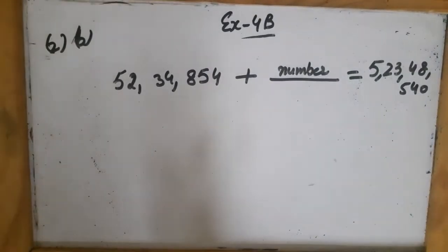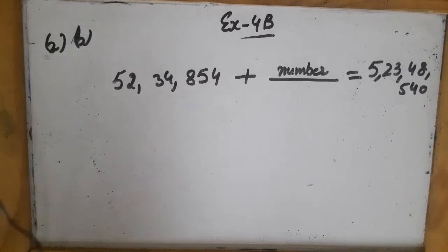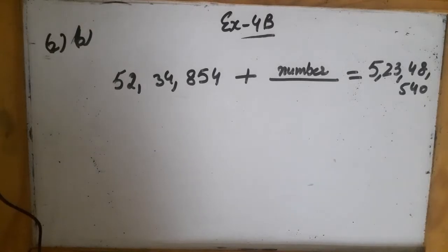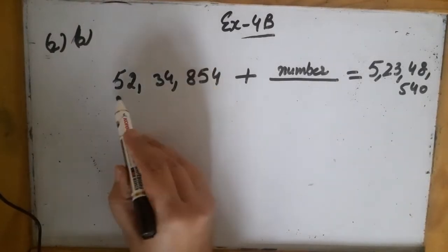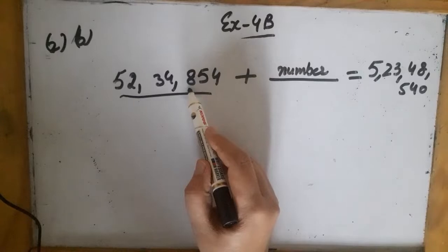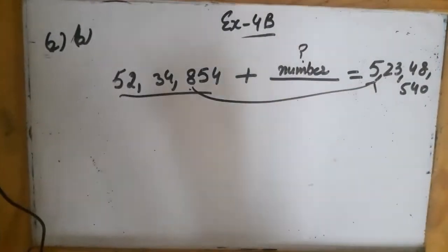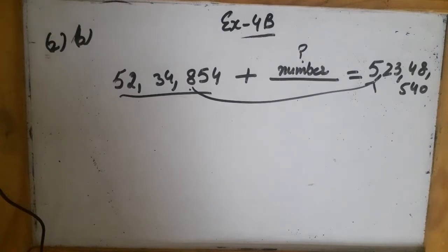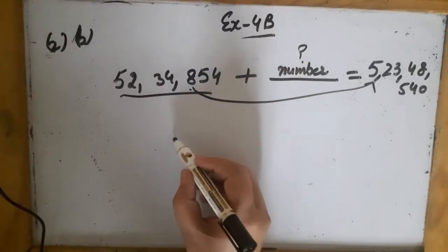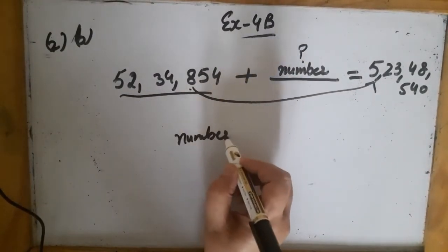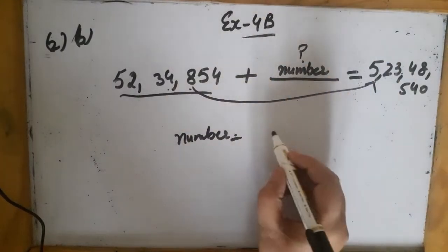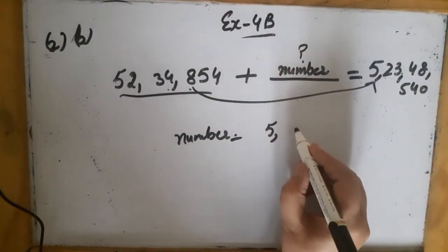So this becomes the same question like the first one, but here the statement was different. They are asking you to this number how much should I add, इसमें कितना add करूँ कि वो ये बन जाए. So in order to find this number I will subtract these two numbers.